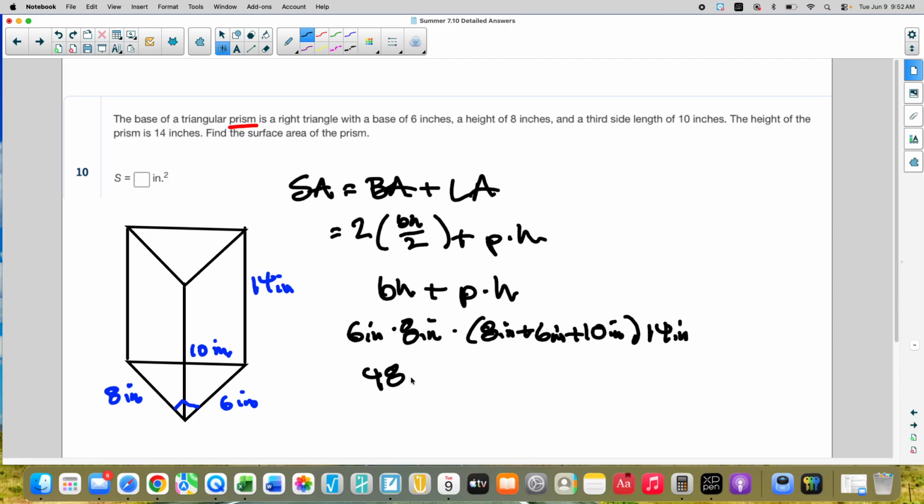That gives me 48 inches squared plus 24 inches times 14 inches. 24 times 14 gives me 336 inches squared plus 48 inches squared gives me 384.